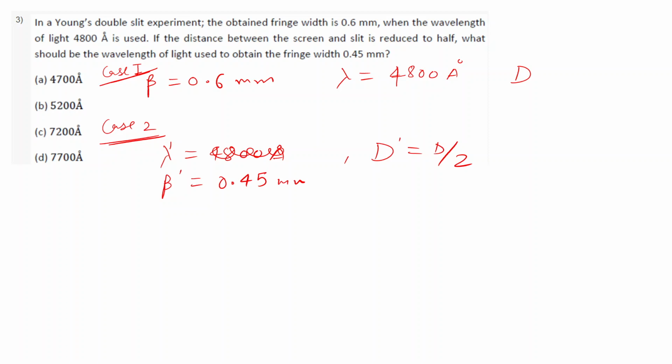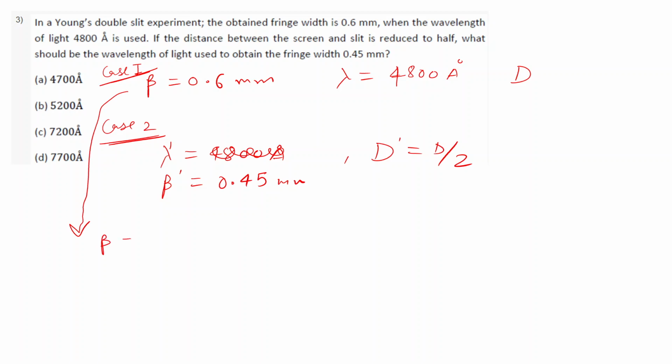For the first case, when the distance was D and we were using 4800 angstrom wavelength, we were getting a fringe width of 0.6 millimeter. Now if I reduce the screen and slit distance by half, and the fringe width has reduced to 0.45 mm, then what wavelength should we be using to get this fringe width? So first let's apply our formula for case 1.